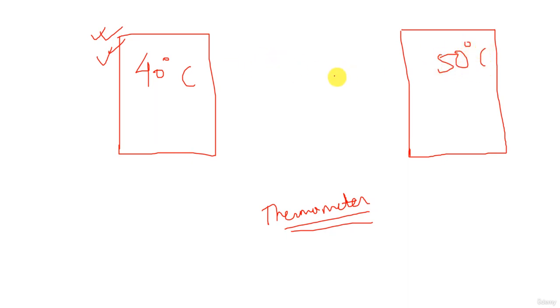Now you can clearly see that this data measured by the thermometer is not accurate, because actually it was 40. It made an error of 10 degrees centigrade, because 50 is what it predicted and 40 was the actual data.